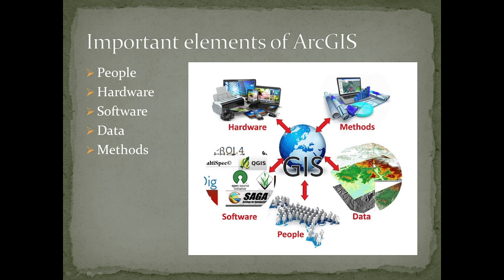We have two kinds of data in ArcGIS: raster data and vector data. Okay, the last one is method. Method is the way or process that we use to create a map.